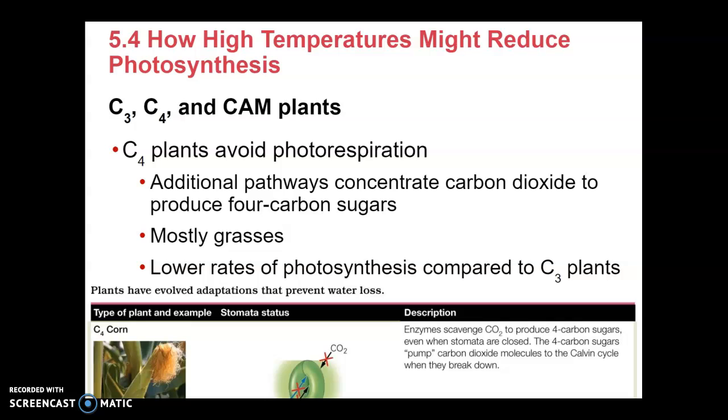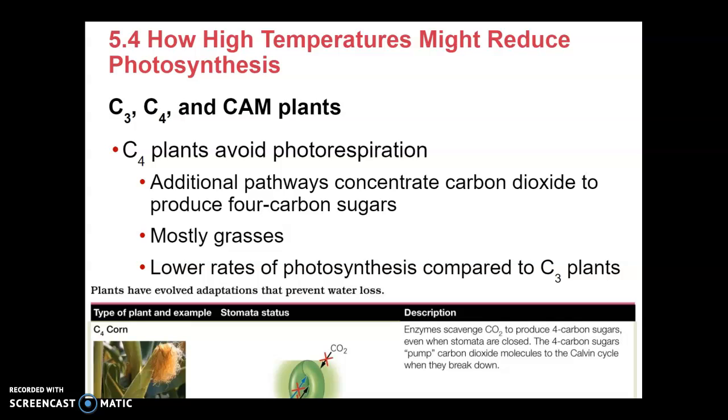The mesophyll cell is where the Calvin cycle usually takes place. However, for C4, they break things up so that they make a 4-carbon compound instead of a 3. That's one difference between C3 and C4, making a 4-carbon compound in the mesophyll cell.